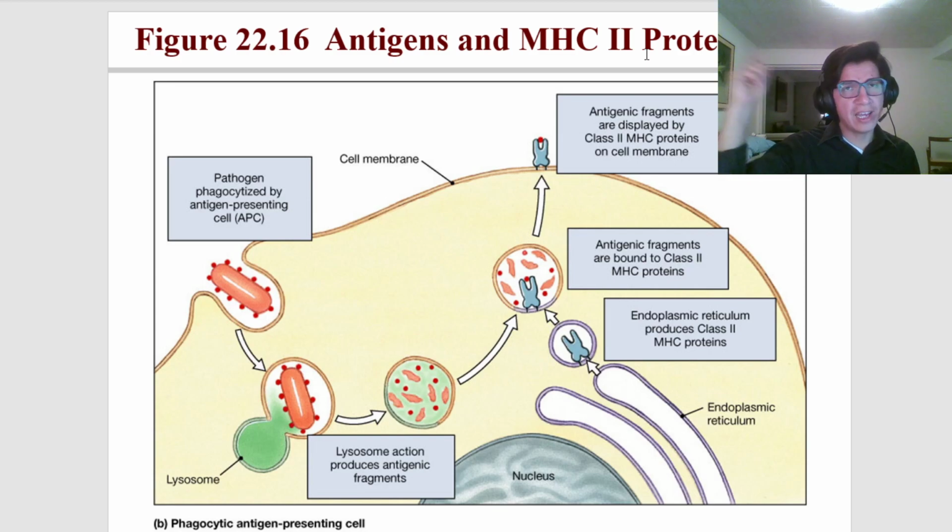It says, "Hey, I found this, we need to kill this." So these phagocytic cells, these antigen-presenting cells, do whatever the name suggests. They present the antigen. Who do they present the antigen to?